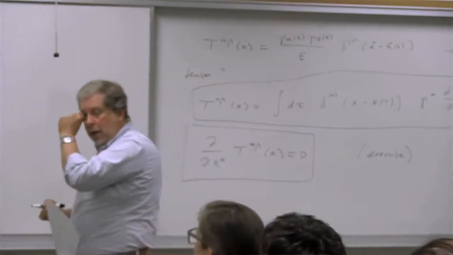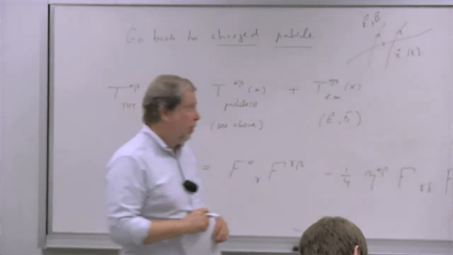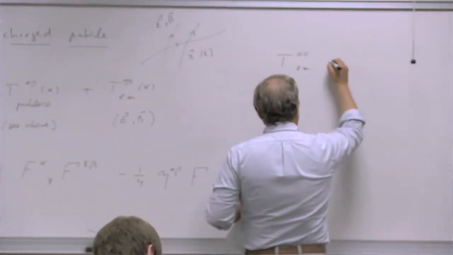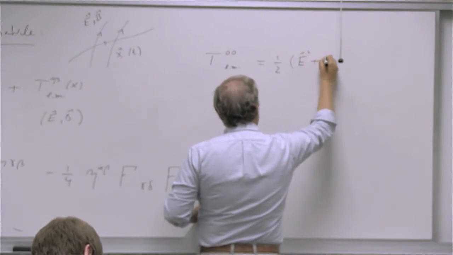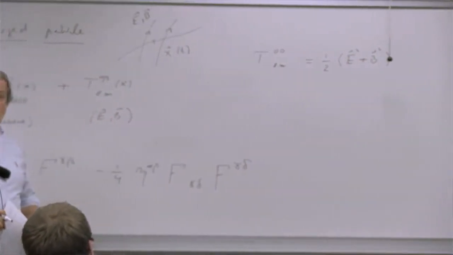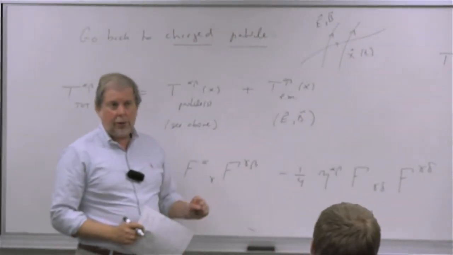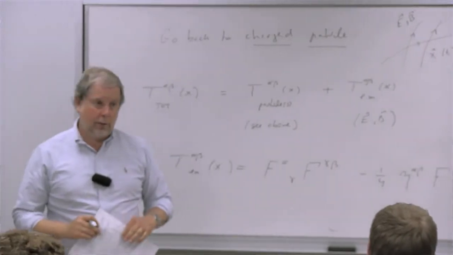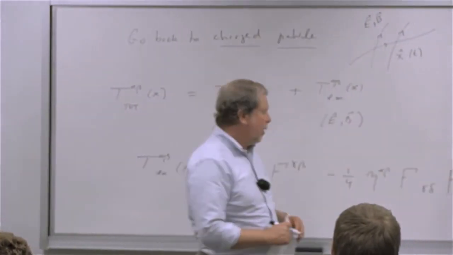So here we're going to have also the energy part. So what is the energy part of an electromagnetic field? Well, it has to come out to be 1/2 (E squared plus B squared). And so it has to come out this way, and that fixes the two coefficients, C1 and C2. So this is 1, and this is minus a quarter, and that will give that.